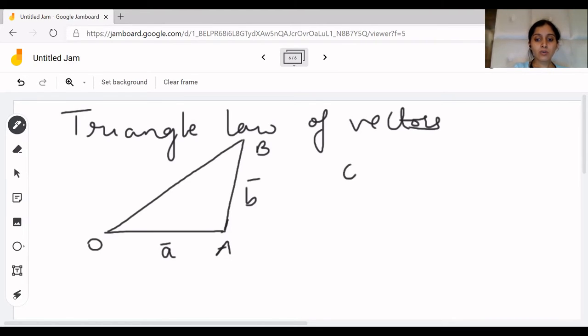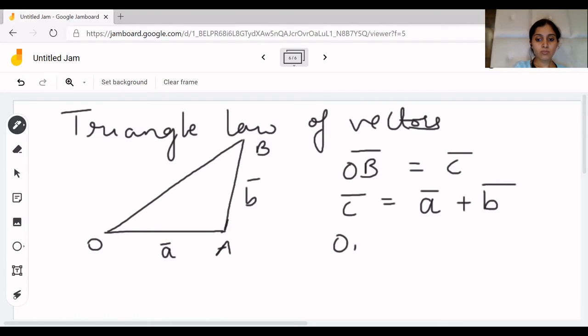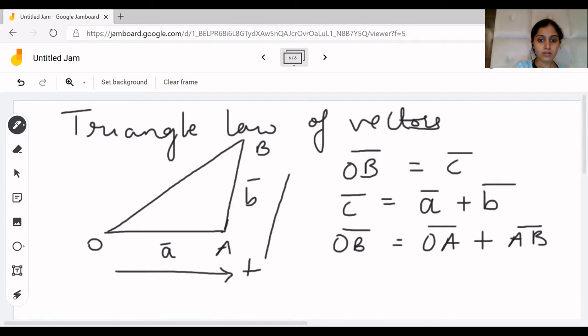So we'll say that OB bar is equal to c bar, the final vector, where c bar is equal to a bar plus b bar, also written as OB bar is equal to OA bar plus AB bar. Okay, so this plus this is equal to this, a bar plus b bar. This is called the triangle law of vector addition.